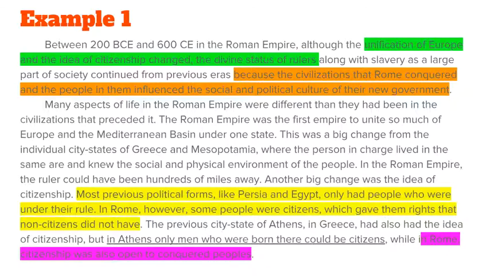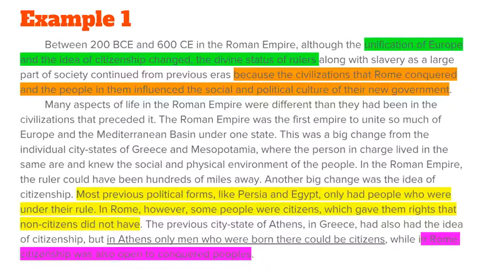I've also highlighted in orange the because element, because the civilizations that Rome conquered and the people in them influenced the social and political culture of their new government. Now, this isn't a very clear analytical piece of this thesis statement, but I appreciate the attempt here because what this student has noticed is that as Rome expanded and conquered new peoples, those people influenced Rome and Rome influenced the people that it conquered.